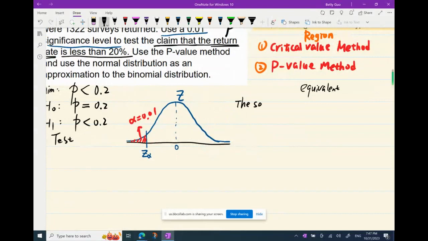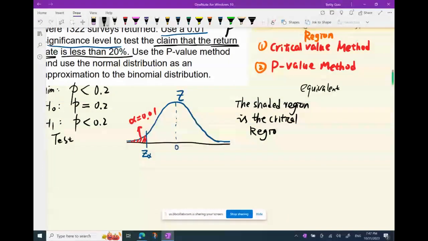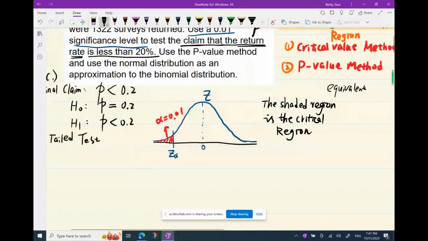The shaded region is the critical region.